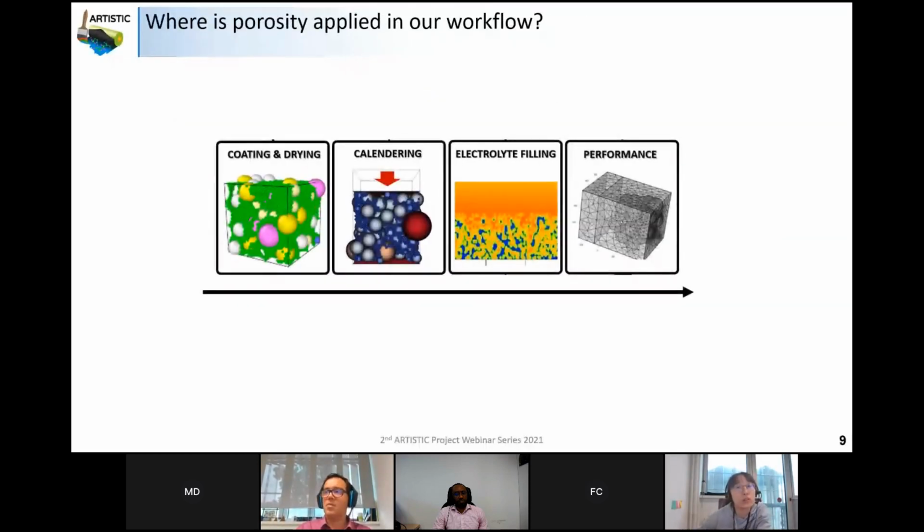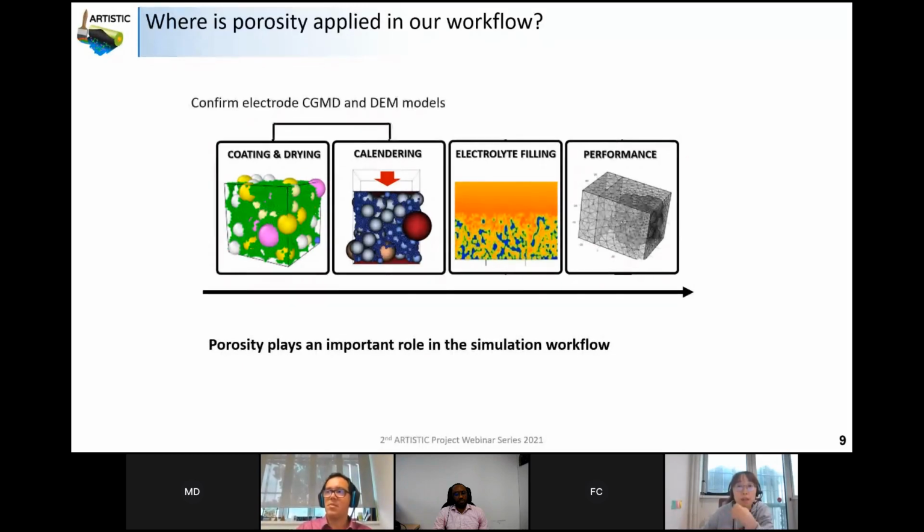During our simulation workflow, porosity plays an important role. The value is used to confirm the electrode CGMD and DEM model, and also it is an input for the electrochemical models.